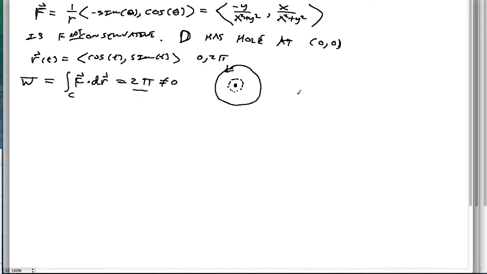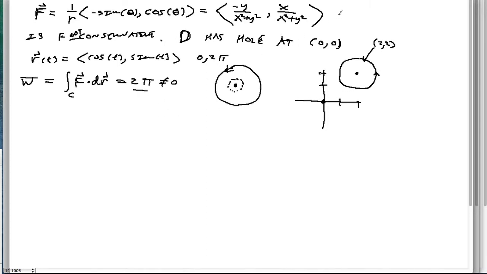But now let's talk about what happens when we have a path. So here's our Cartesian coordinates. There's our origin. What if I go out to 2, 2, and now I want to do a path, a unit circle that's now centered at 2, 2. What if I want to do that integral? All right. So what happens here?